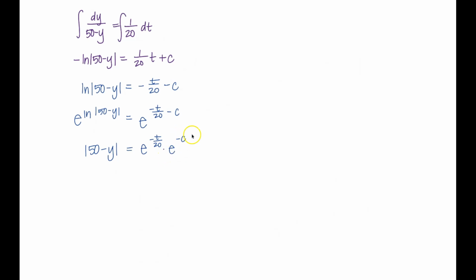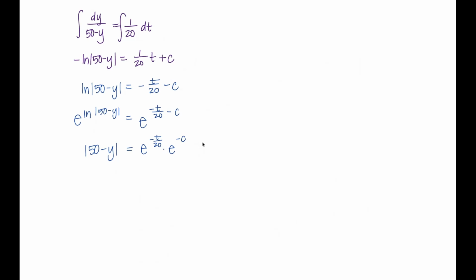But e to the negative c, that's just some constant, right? And because that constant is still there, we can let it absorb the plus or minus that's coming from this absolute value of 50 minus y. The absolute value of 50 minus y, that quantity can either be positive or negative because of the absolute value bars around it. But this generic constant can also be positive or negative.